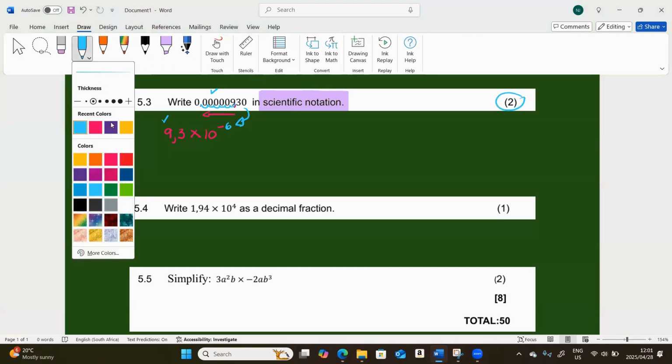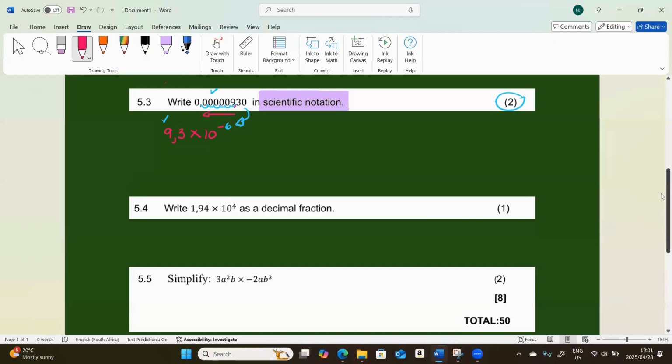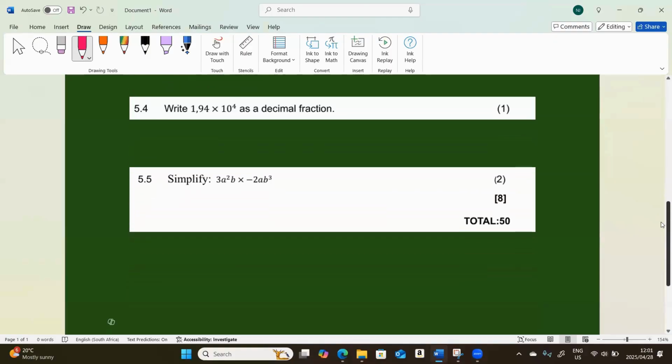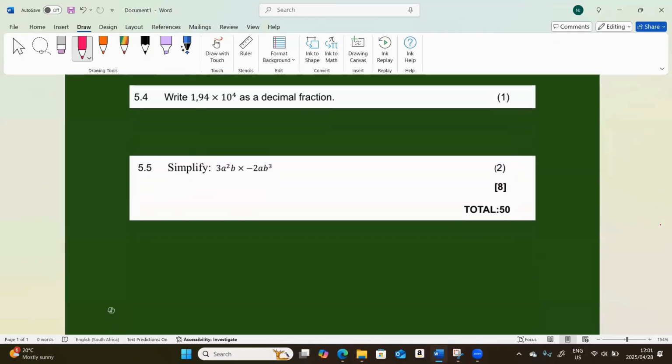Let's just go back to our color that we had, and then we can move on to 5.4. Let's just get rid of that. Now we can move on to number 5.4. Over here, we're just going to have to make a small adjustment to answer this one. So they say write 1,94, so this is my decimal number or decimal fraction, times 10 to the power of 4 as a decimal fraction.